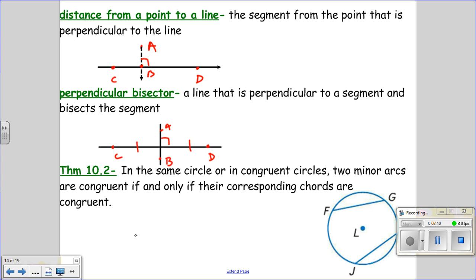Theorem 10.2 says, in the same circle or congruent circles, two minor arcs are congruent if and only if their corresponding chords are congruent.